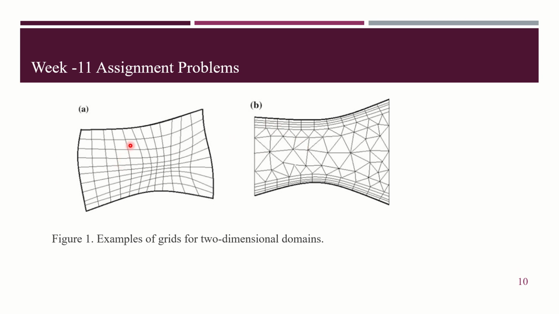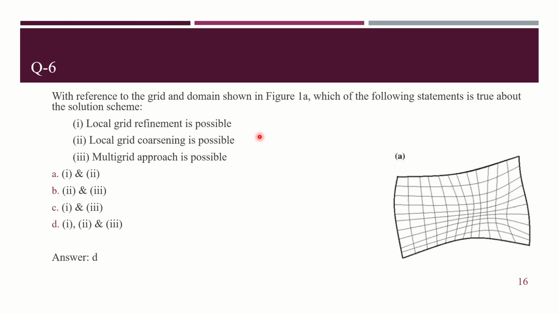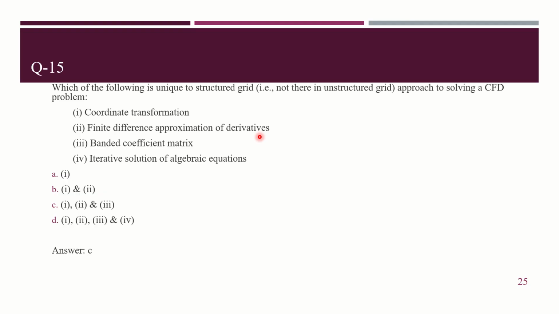A banded coefficient matrix, that is some pattern in the coefficient matrix, we can get in option A, the structured mesh, but in B grid we cannot get the banded coefficient matrix because we are using the finite volume method. So the banded coefficient matrix is unique to structured grid, which we cannot get in unstructured grid.